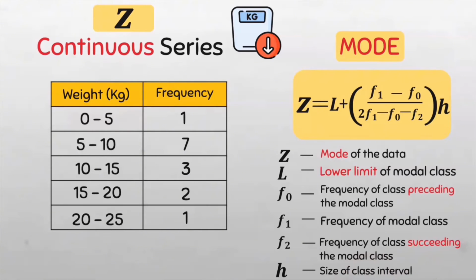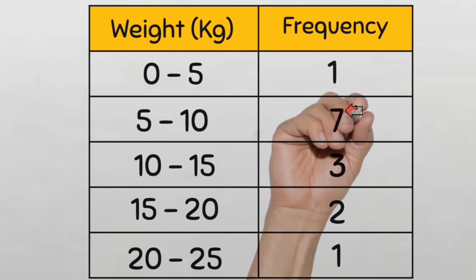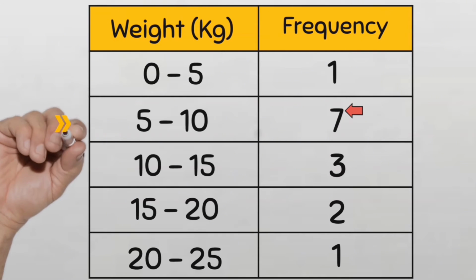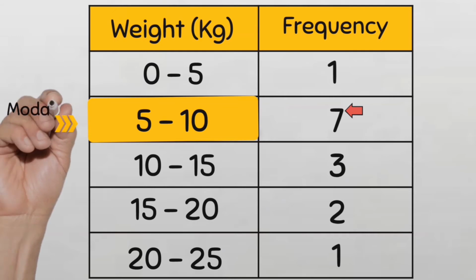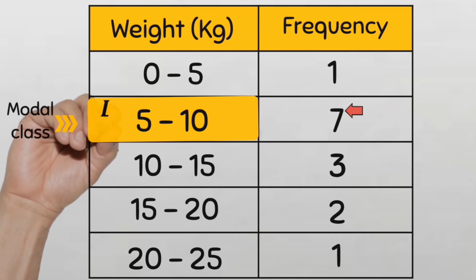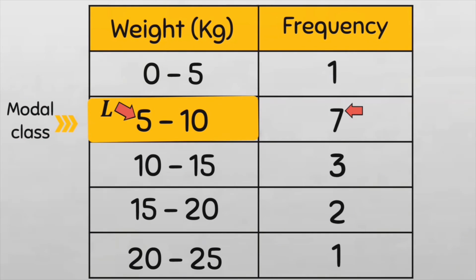First, we need to identify the class with the highest frequency, and this is called the modal class. The highest frequency is here, 7, right? And this belongs to the 5 to 10 kilograms weight class. So this is our modal class. And so the lower limit of the modal class, L, is 5. The frequency of the modal class, f1, is the highest frequency, and we already know that to be 7.